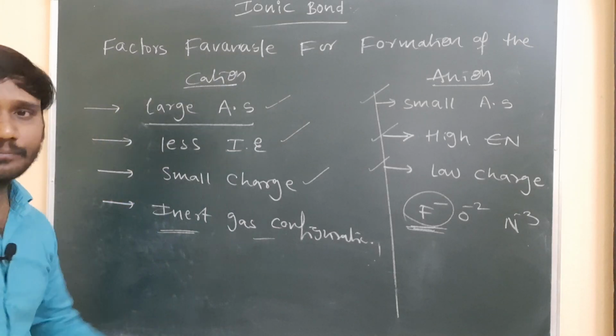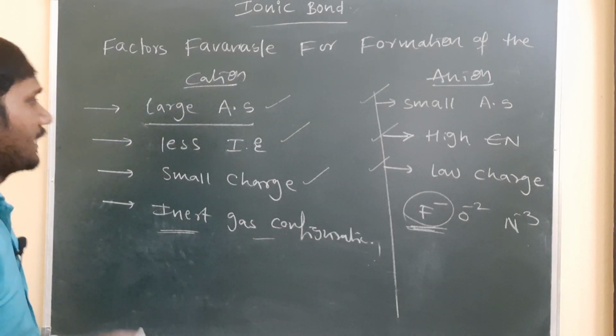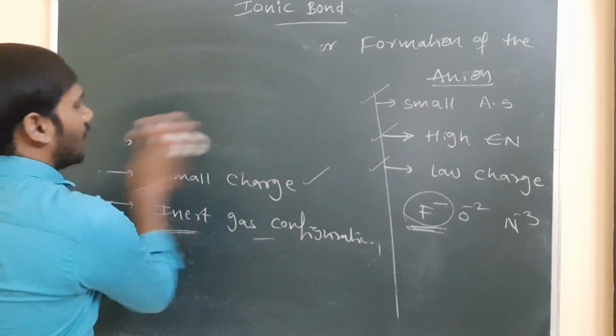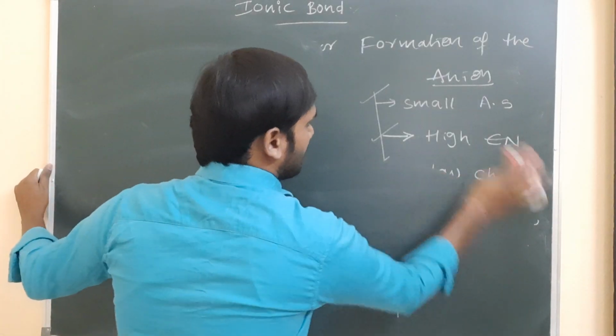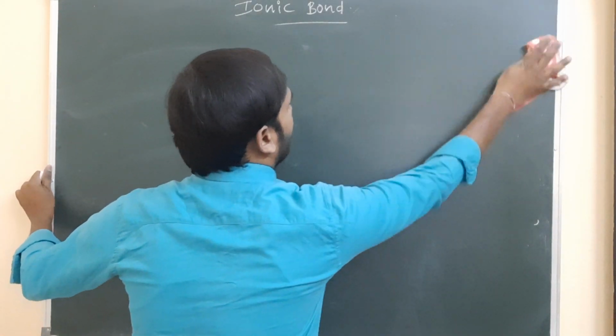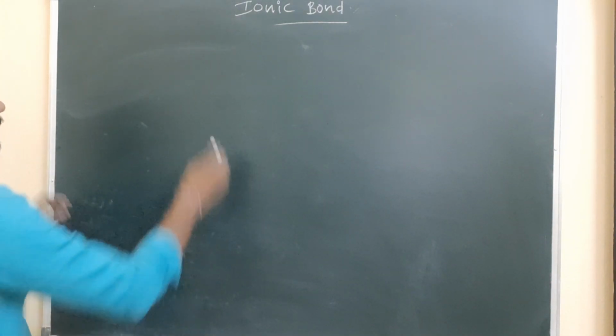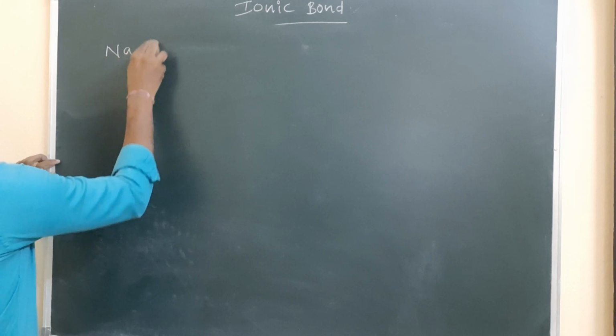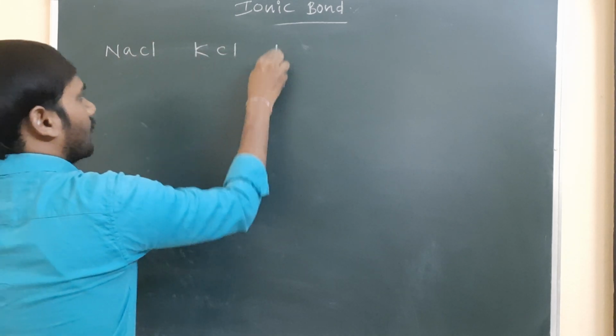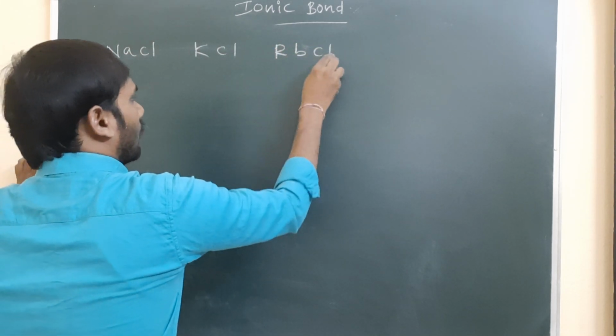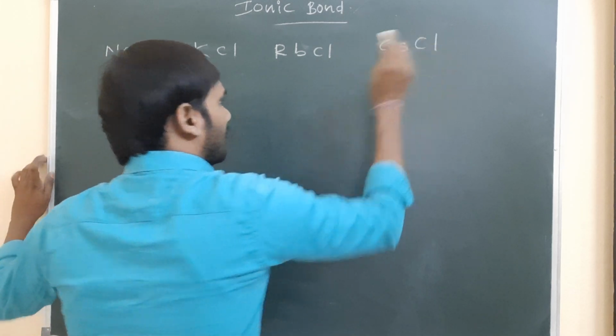Let us see some examples with these factors. Which of the following compounds is formed easily as an ionic compound? For example, the first set: sodium chloride, potassium chloride, rubidium chloride, and cesium chloride.